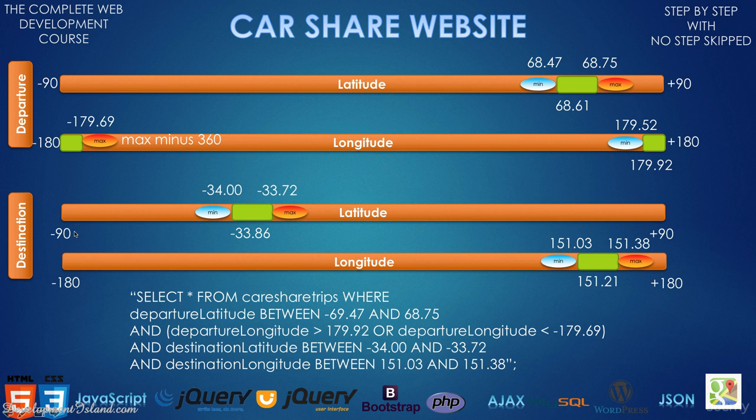Now when we go to the destination, everything is within the right range. So the latitude is going to be between this and this, and the longitude is going to be between that and that. And that's our query. Okay. So make sure that you understand this properly before moving to the next video, where we're going to write code and build our query.